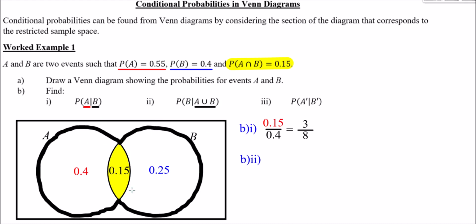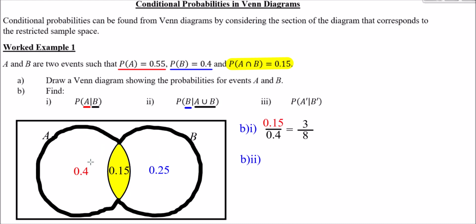So, in these binocular looking things, what's the probability of selecting something which would be within circle B? Well, within circle B, we've got 0.15 plus 0.25, which gives us 0.40, which is 0.4. So we've got 0.4 out of a total of 0.8.